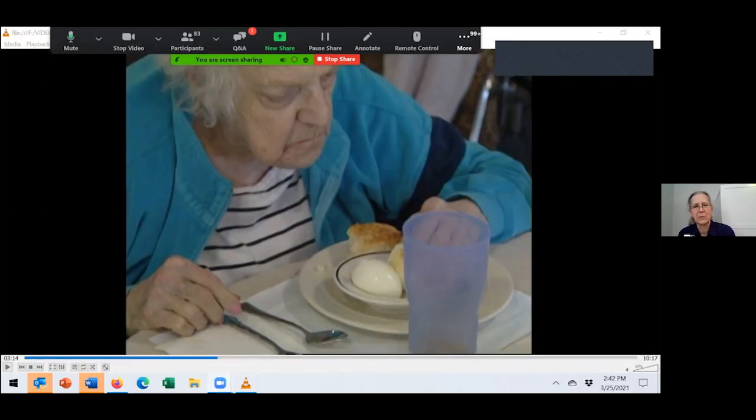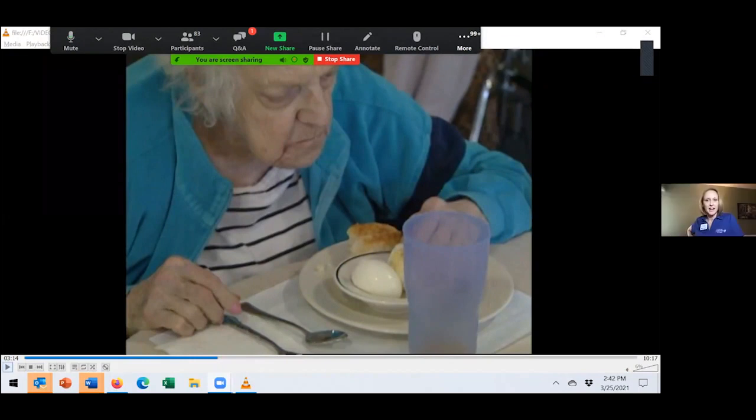So this lady, unfortunately, has hard-boiled eggs in a white container on a white plate, on a white placemat, on a white table. And slippery. They're in a bowl, and she has had some biscuit.